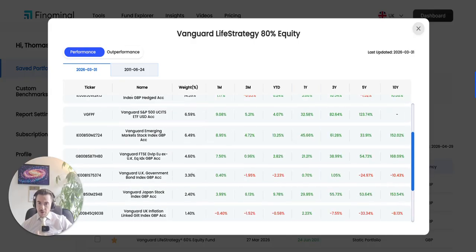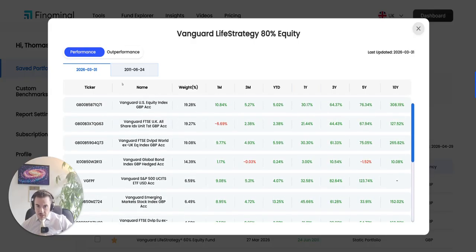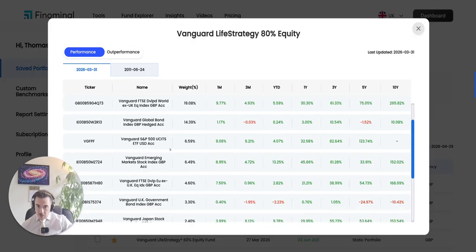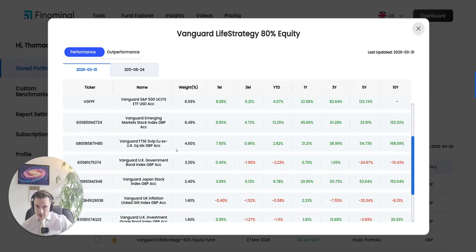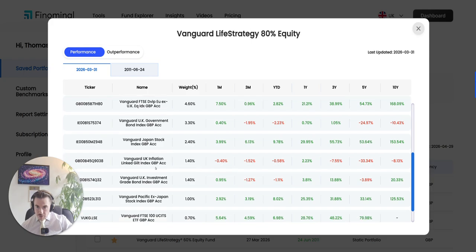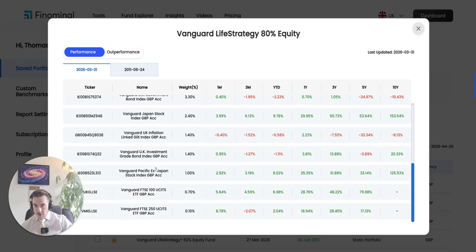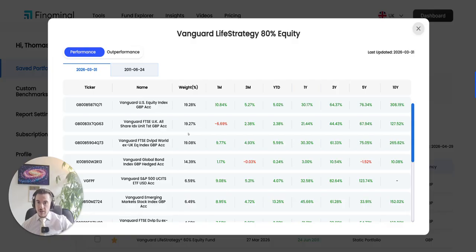Just to note on this particular portfolio, we can see holdings such as US Equity Index, FTSE UK All Share, FTSE Developed World ex-UK, Global Bond Index, Vanguard S&P 500, emerging market stocks. I won't go through all of them, but I'll just do a quick scroll. Obviously we've got a UK home bias here in regards to the fixed income and the equity side. Interestingly, we've got FTSE 250, FTSE 100 and FTSE All Share, so I think there's quite a lot of holdings that wouldn't necessarily be needed.